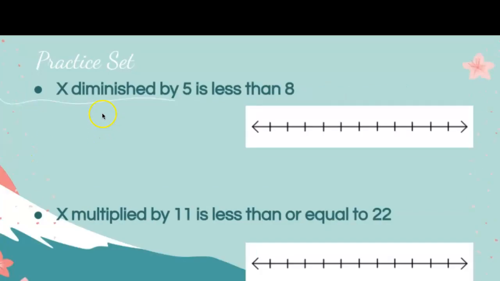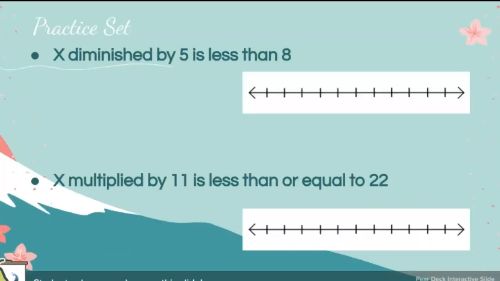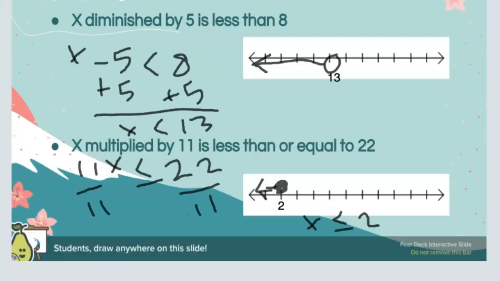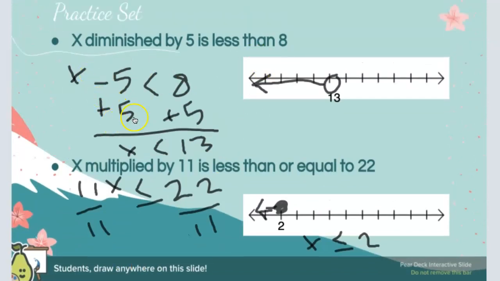But before you do that, let me see. x diminished by 5 is less than 8. And x multiplied by 11 is less or equal to 22. Wait, you did not try to work on this problem. So I like the way you write your problem. I mean, you solve it, minus 5 on both sides, and you're right here, and then your graph.